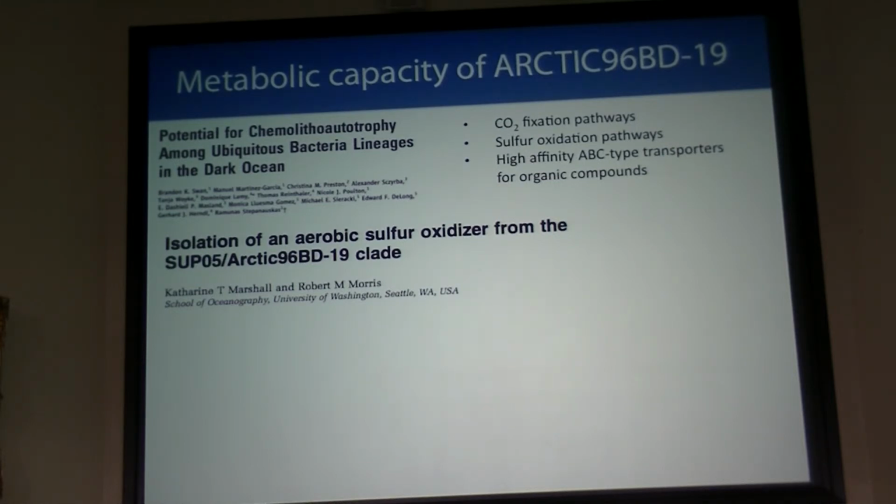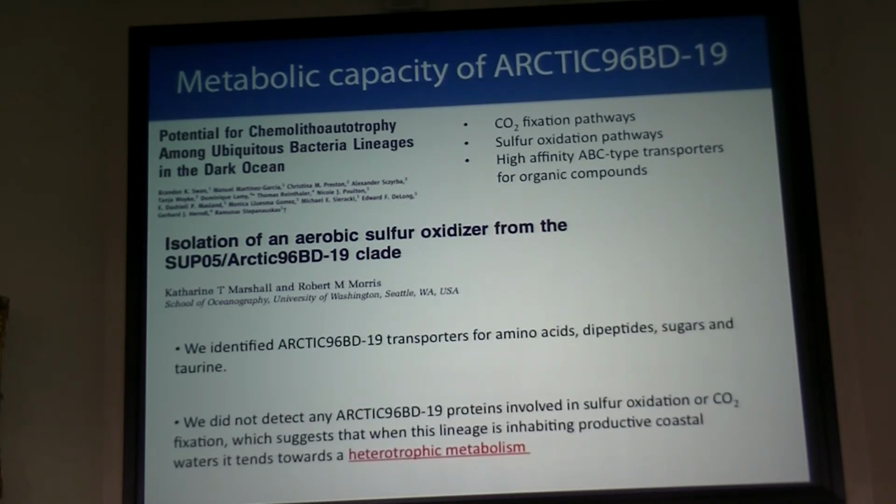They have CO2 fixation pathways and sulfur oxidation pathways, so similar to SUP5 in the metabolic potential. But they also have many high-affinity ABC transporters for organic compounds, meaning that they can use organic carbon compounds to generate biomass. And so we looked through our proteins to sort of figure out what these organisms are really doing under the conditions in Bedford Basin.